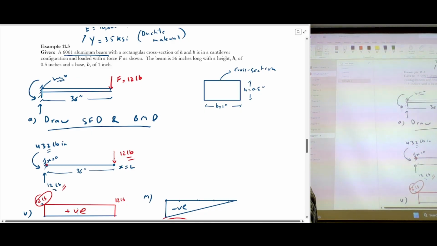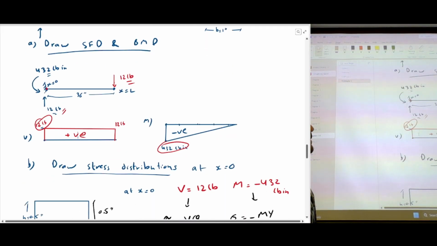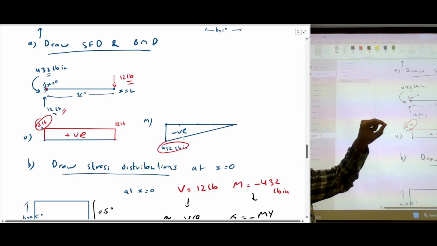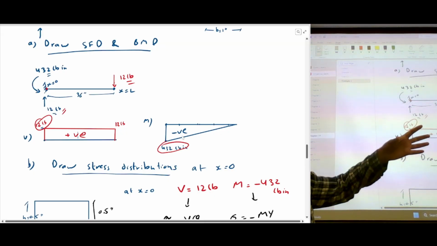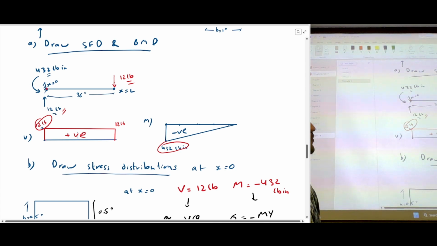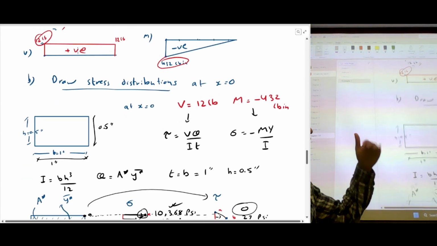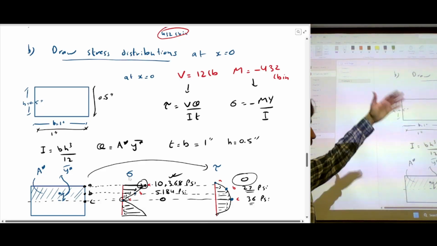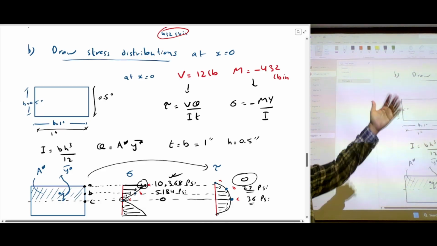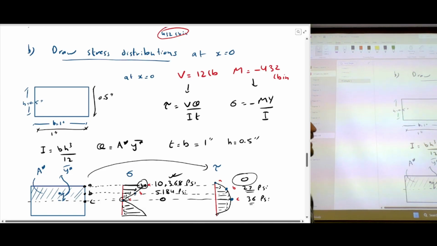We calculated reactions first, and then shear force and bending moment diagrams. From this, we figured out a point where we need further investigation to calculate stresses. From the internal loads, shear force and bending moment, we calculated stresses. Once we have those stresses, we can draw them along the cross section, because the stresses are not constant along the cross section, they change.